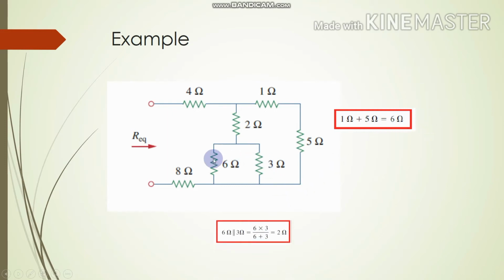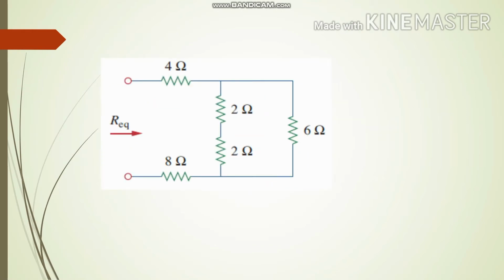Then for the parallel, we use the formula: 6 times 3 per 6 plus 3, which equals 2 ohm, and the circuit will look like this after we have solved it.